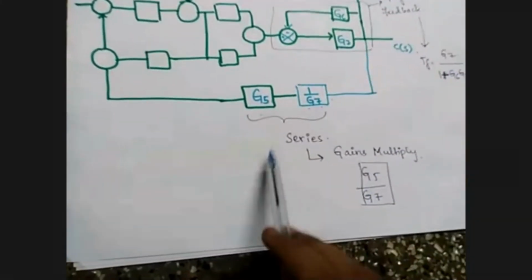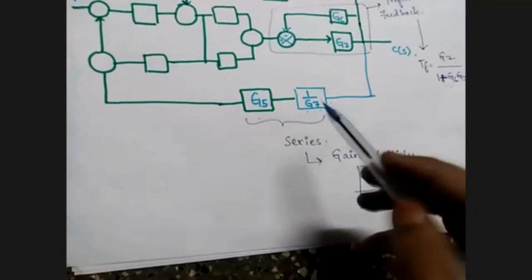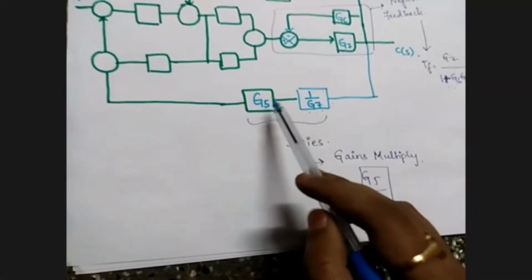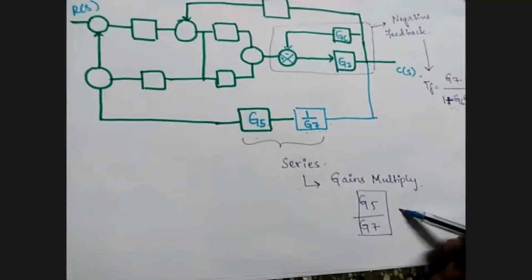Now the next step, if you observe properly, both G5 and 1 by G7 are in series. If two blocks are in series, their gains should be multiplied. So what do you mean by gain multiplication? You have to simply multiply G5 into 1 by G7, which becomes G5 by G7.